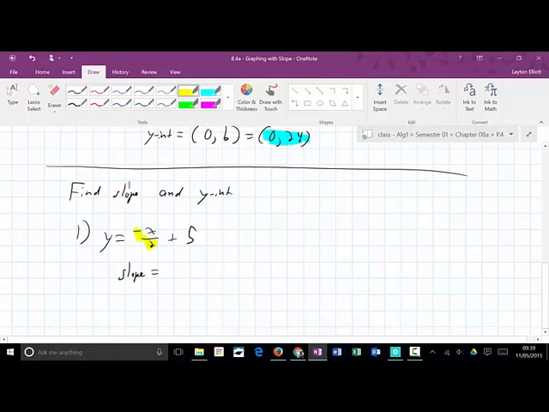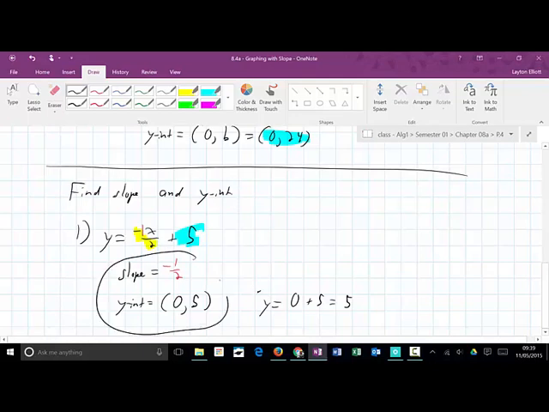And this would be, remember there's an invisible 1 right here, so that's equal to negative 1/2. And then the y-intercept is equal to the ordered pair 0, comma 5. This should make sense because if I plug 0 into the function, I get y is equal to 0 plus 5, or 5. So 0, 5 is an ordered pair, and there's the slope and the y-intercept.